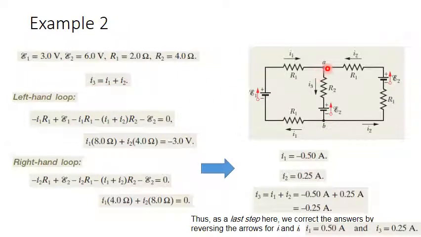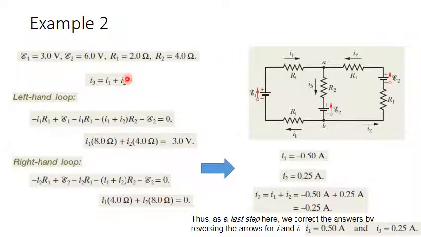If we apply the same law on the junction B, we can say that the current entering junction B equals the currents leaving junction B, so I3 equals I1 plus I2, which is the same. So if we take node A or node B, we will have this equation. This is a relation between I1, I2, and I3. Now we need two other relations, such that we have three equations in three unknowns, I1, I2, and I3.